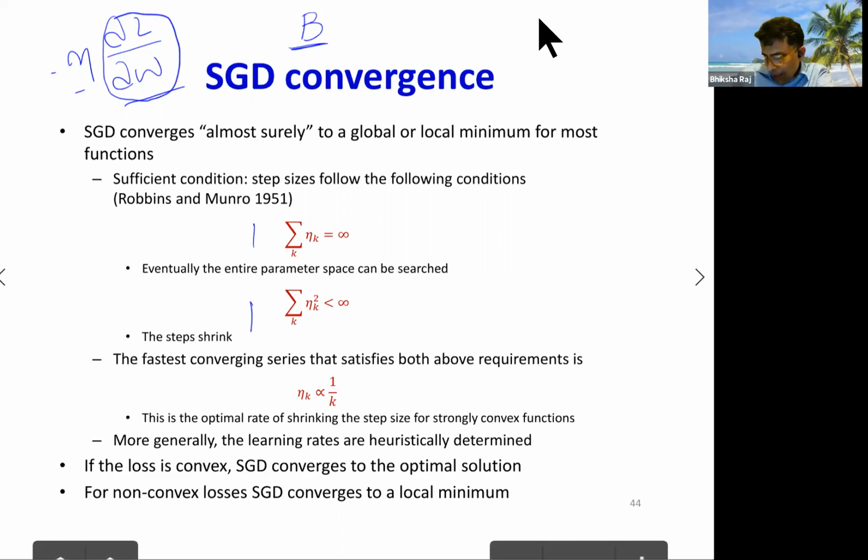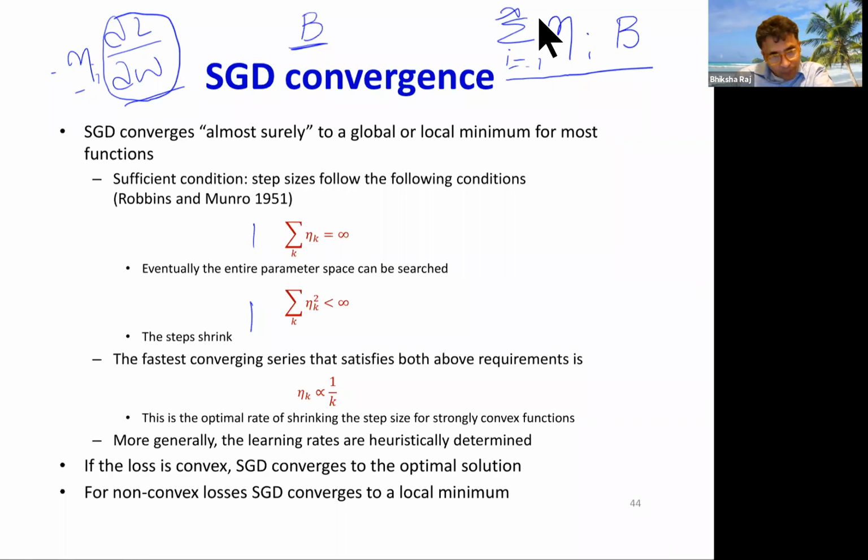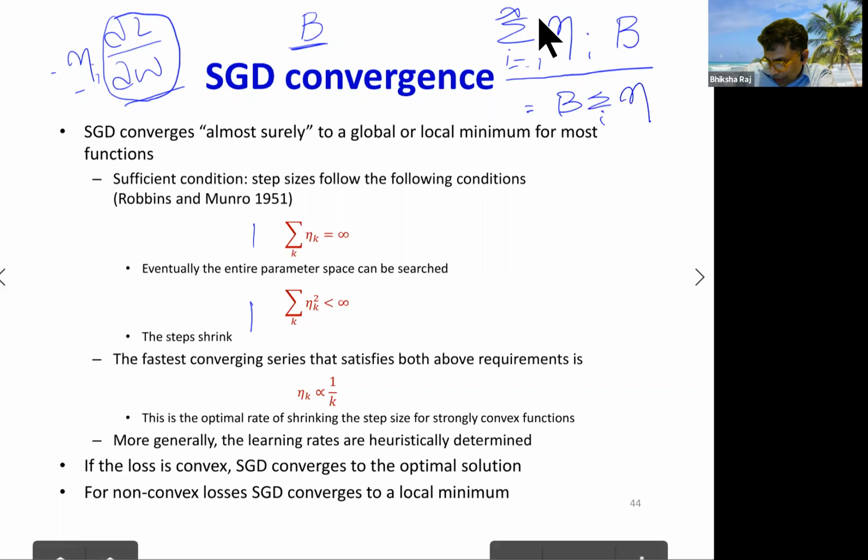Then over the entire sequence of training, where eta_i is the ith learning rate, what is the maximum value by which I can update an initial estimate? Even if I run infinite updates, the maximum value by which I can update the estimate is going to be the summation of eta_i times b, where b is the upper bound on the derivative, which is the same as b times the summation over i of eta_i, right?